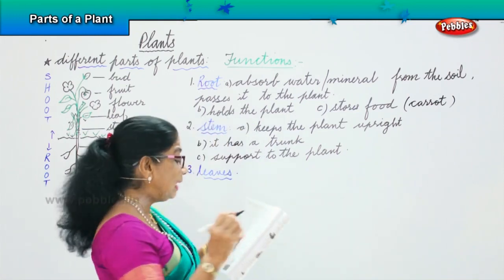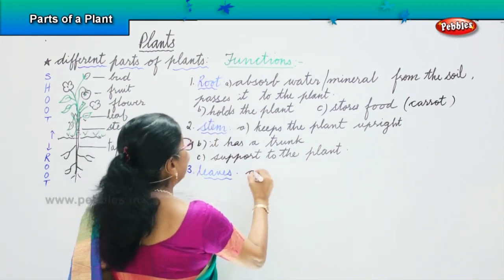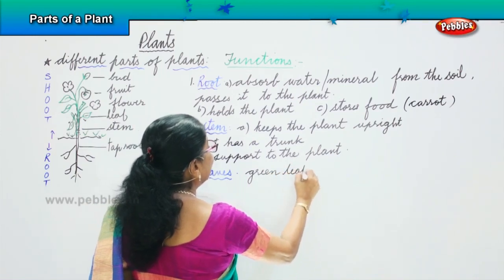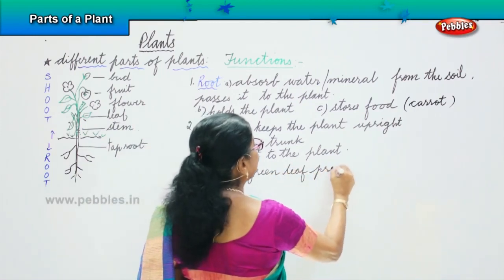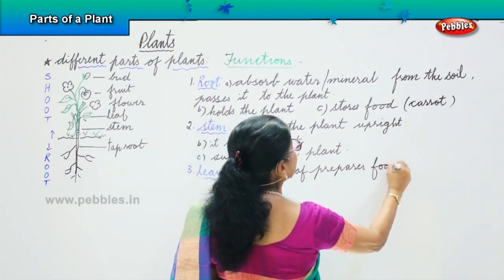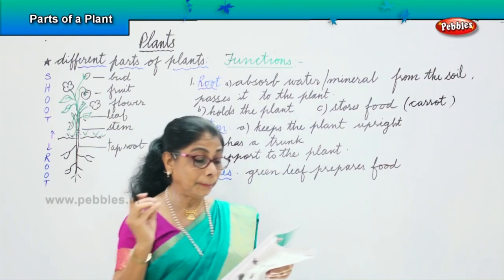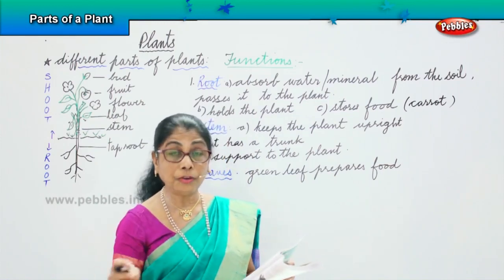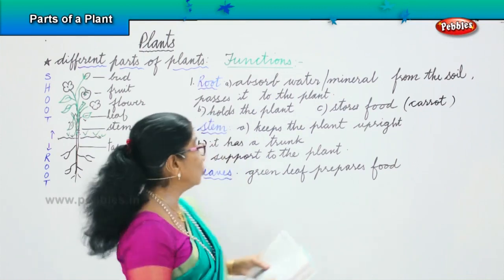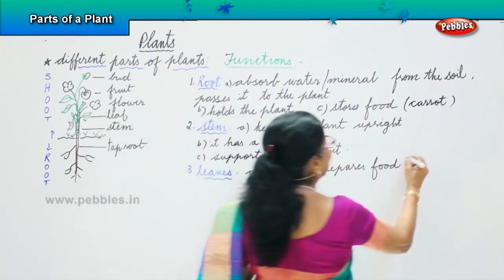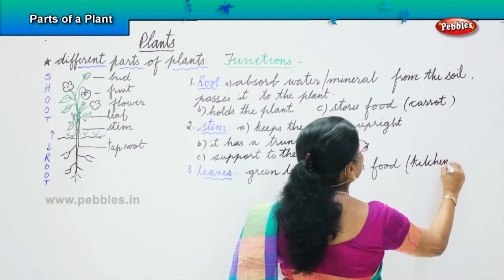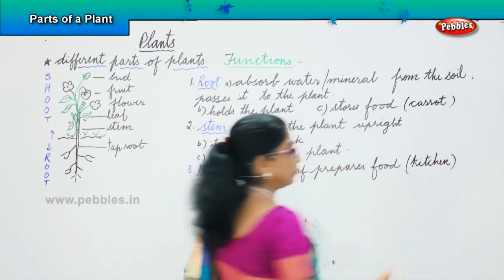The green leaf prepares food for the plant with the help of air, water, and sunlight. So, the leaf is called the kitchen of the plant.